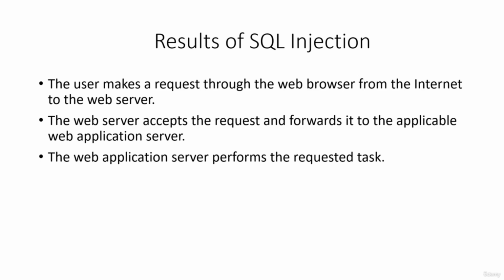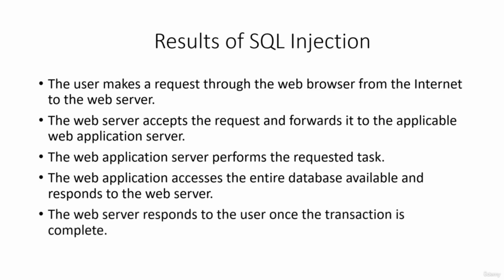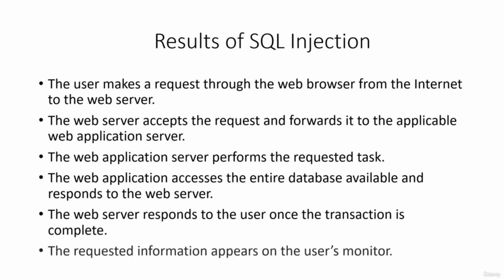Then the web server performs the requested task. The web application accesses the database and responds to the web server. Then the web server responds to the user once the transaction is complete, and the required information appears on the user's monitor.